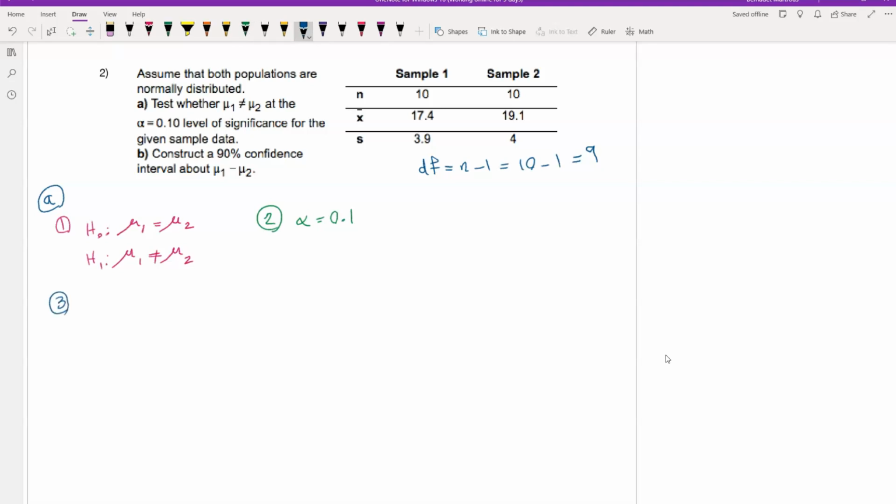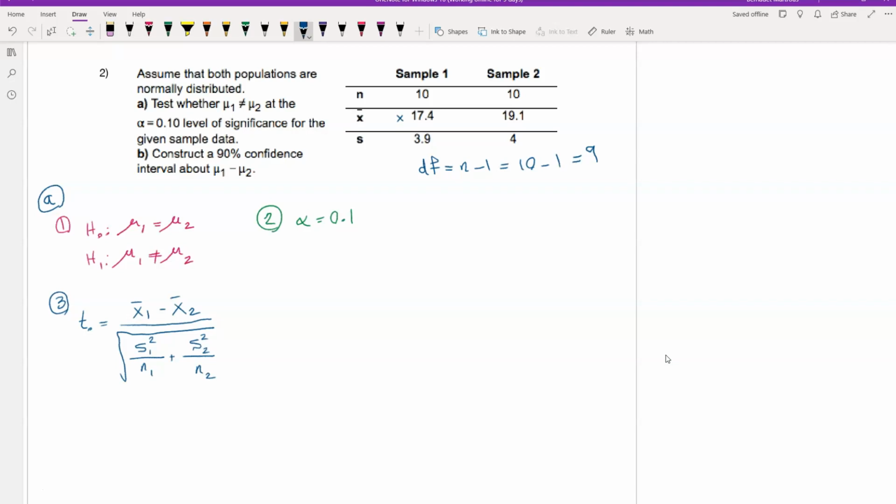Step 3, test statistic, we have to find t. So that is equal to x bar 1 minus x bar 2 divided by the square root of standard deviation 1 squared divided by sample size plus our second standard deviation squared divided by sample size.